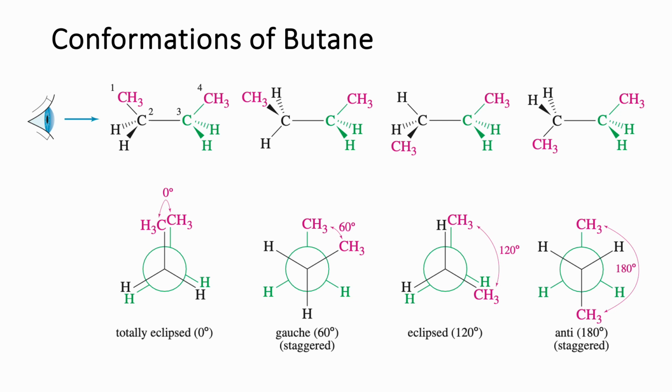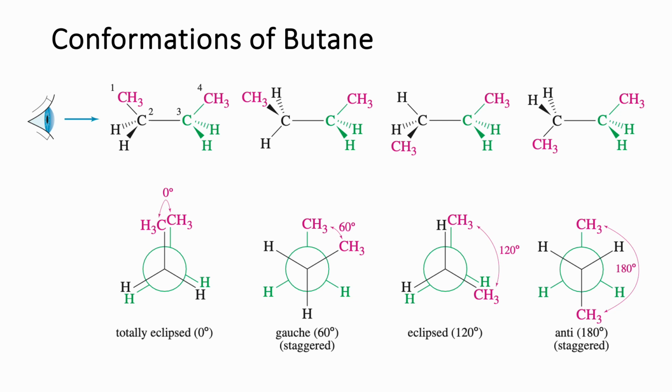So the two-dimensional image, if you will, on top is what you might see in a book or on a test, and what you would have to then draw would be the Newman projection down below that corresponds to that geometry. So finally, in the third image, you can see that again, the back carbon, or carbon-3 in this case, has not changed orientation the whole time.